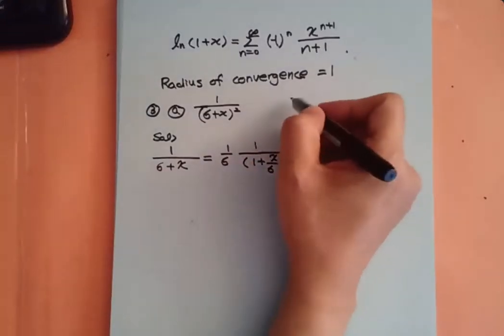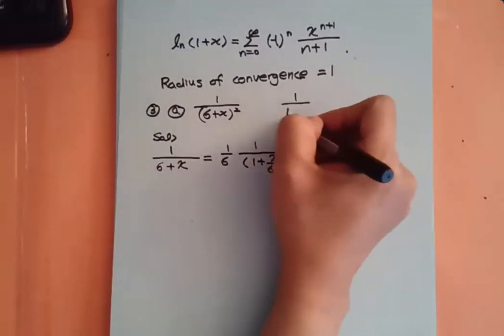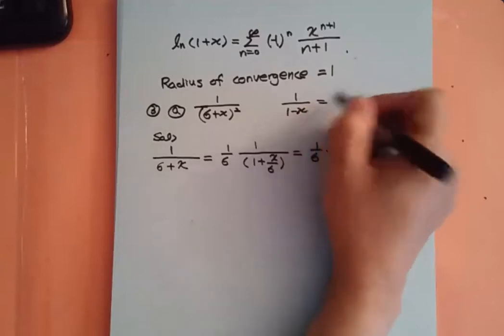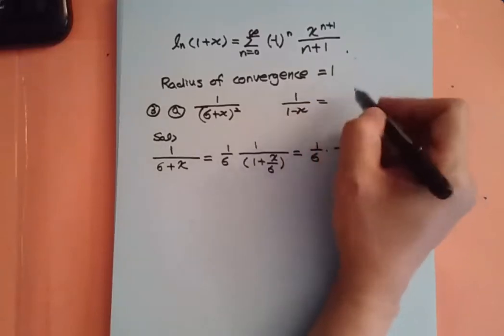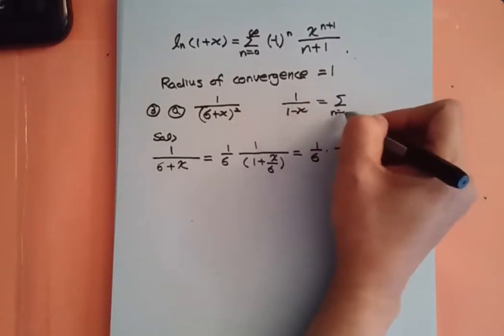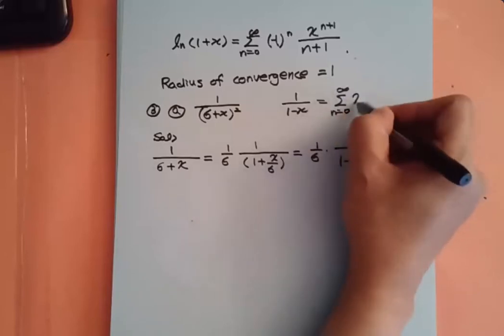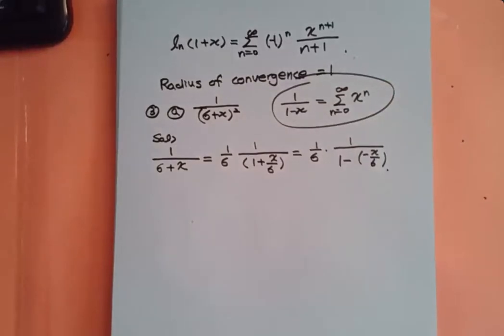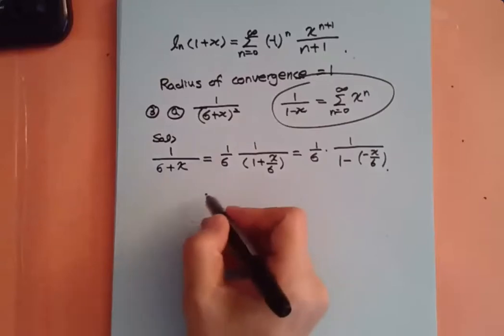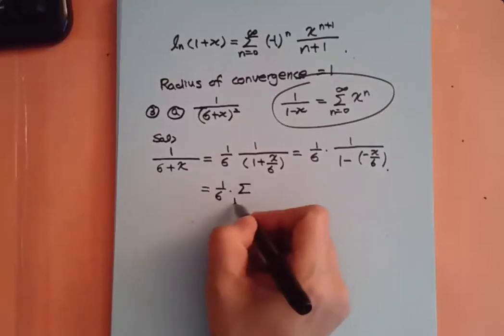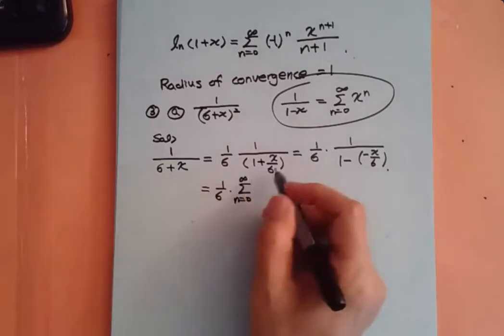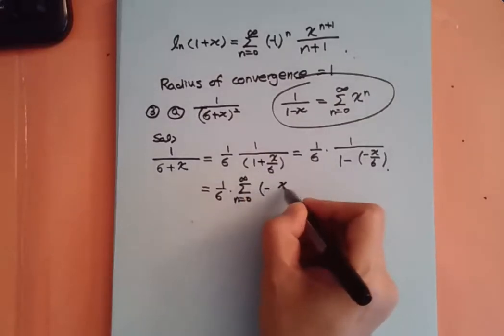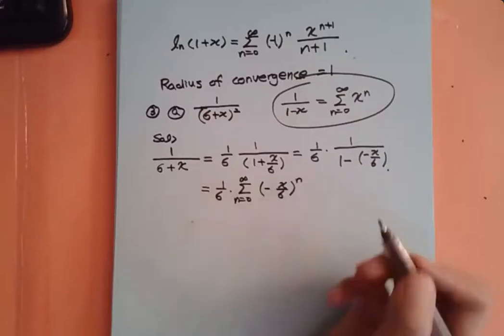So we always keep in mind the geometric series expansion, and that is 1 over 1 minus x equals summation n equals 0 to infinity x to the n power. So that is 1 over 6 times summation n equals 0 to infinity negative x over 6 to the n power.